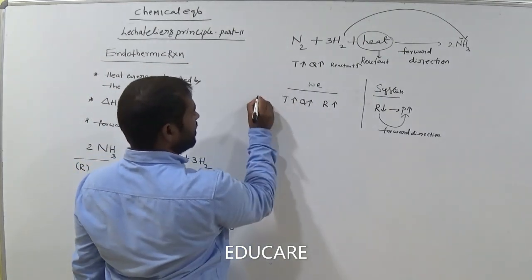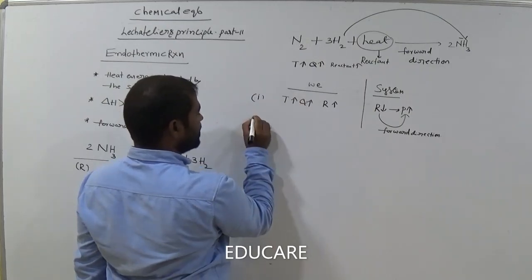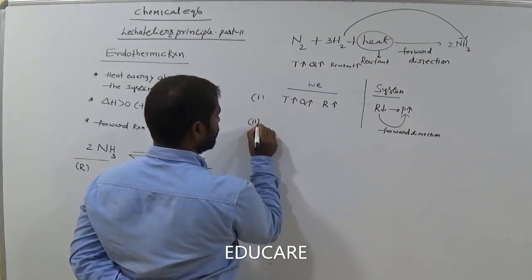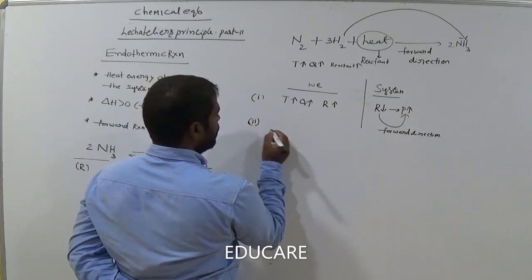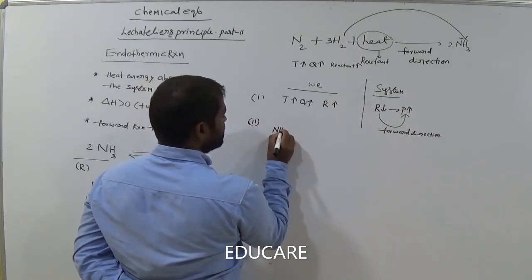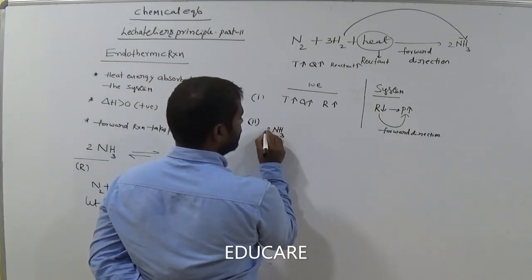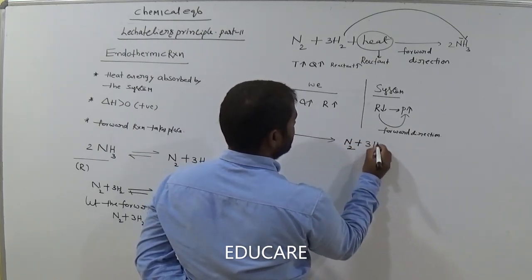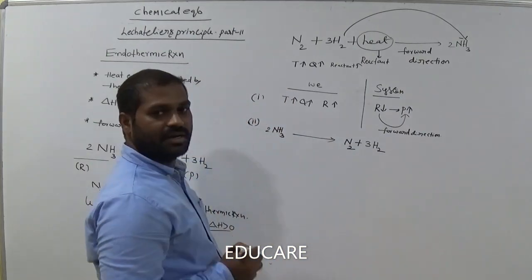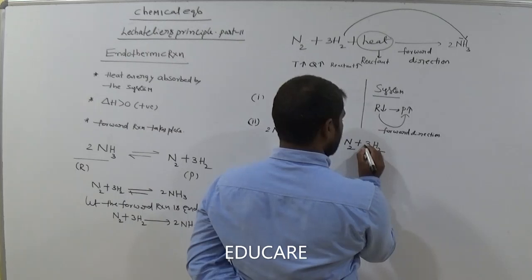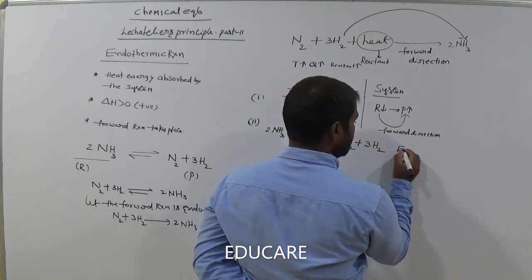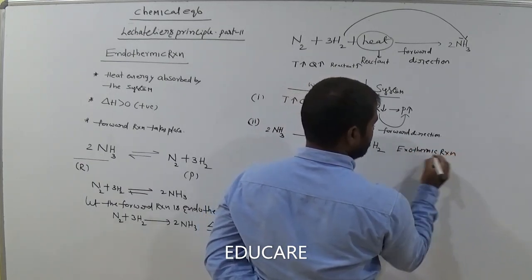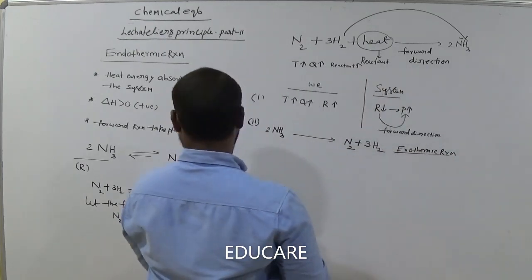So here, in the first case, we increase the temperature. In the same equation, let's take the backward reaction: NH3 gives rise to N2 plus 3H2. Now suppose it is an exothermic reaction.